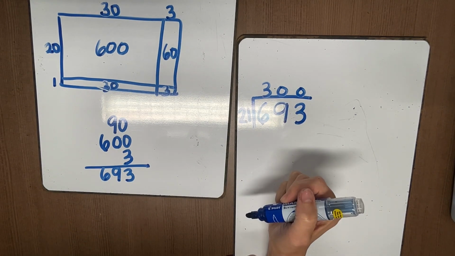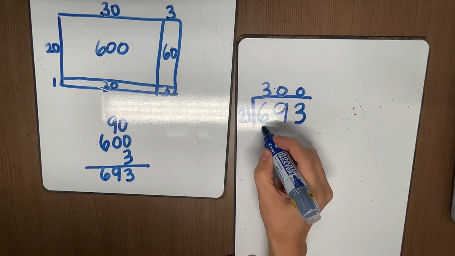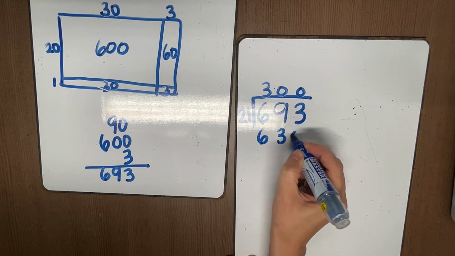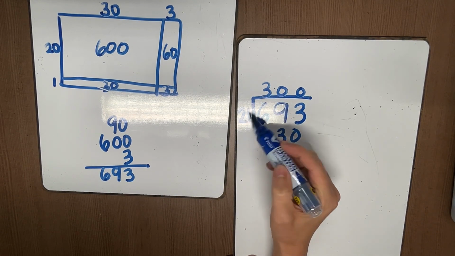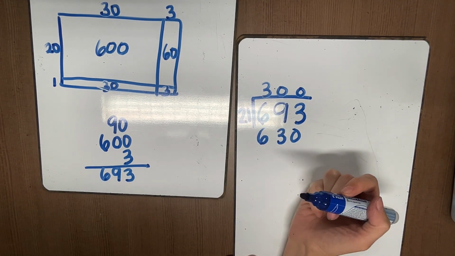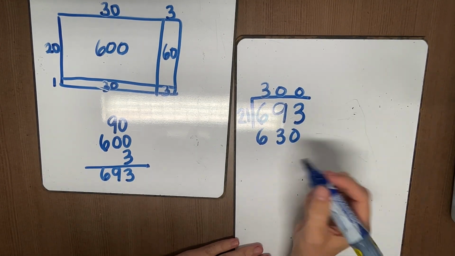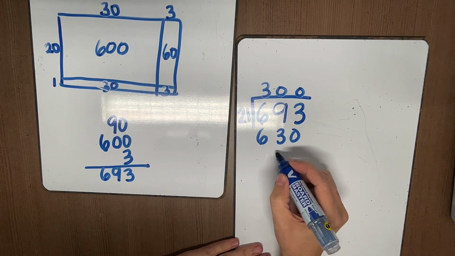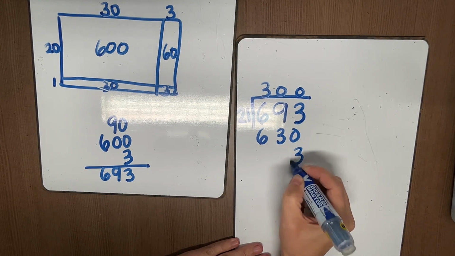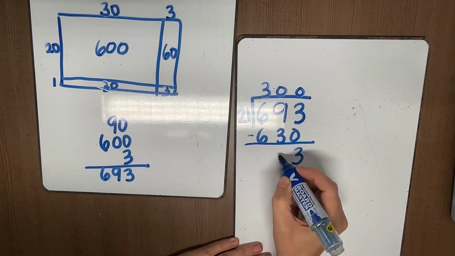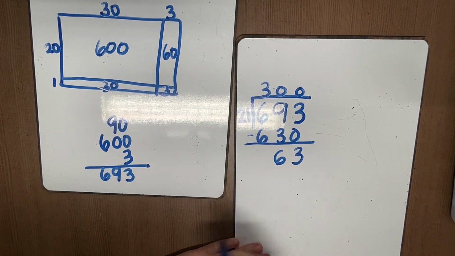300 times 21 is going to be 630, because 3 times 10 and 3 times 1 and 3 times 2. And if I see what I have left, I have 3 left and 60 left. 63.